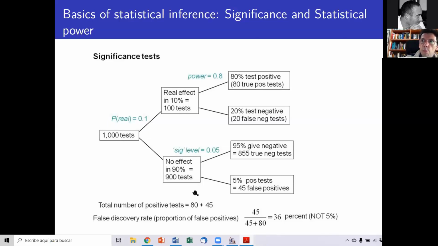And the false positive rate of your tests is much higher than the 5% that you expected at the beginning. And that was another part of this lack of reproducibility that, as a field of biomedical sciences, we have been blamed for.